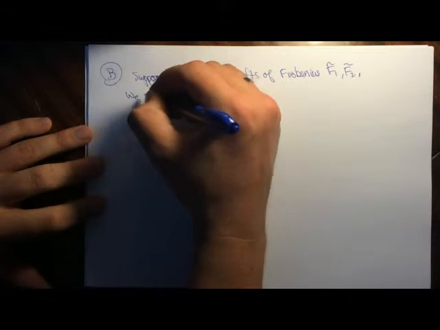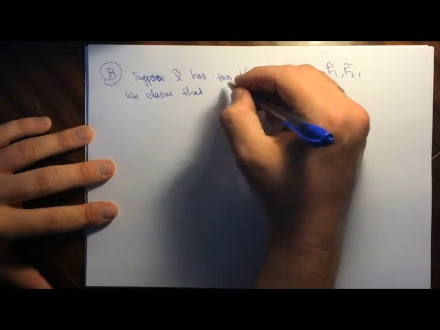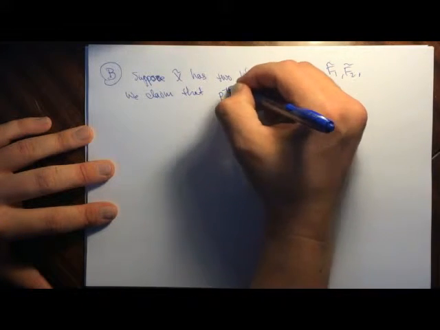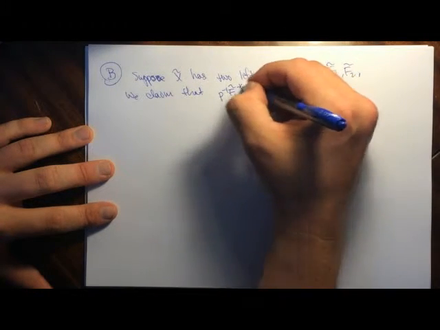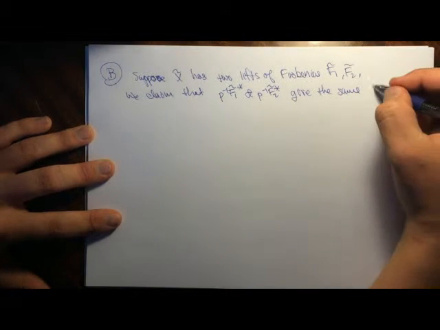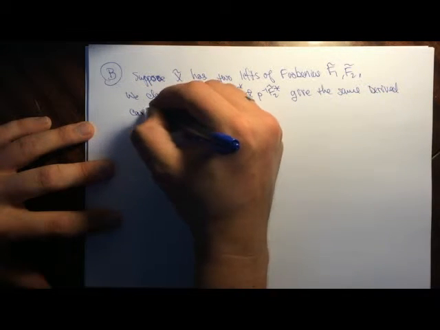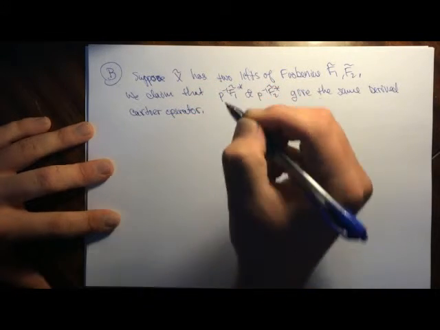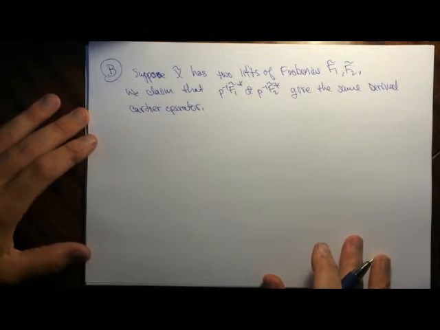So we claim that p inverse and f2 tilde give the same operator, the same derived Cartier operator. Okay, so they're the same morphism in the derived category. They're homotopic.